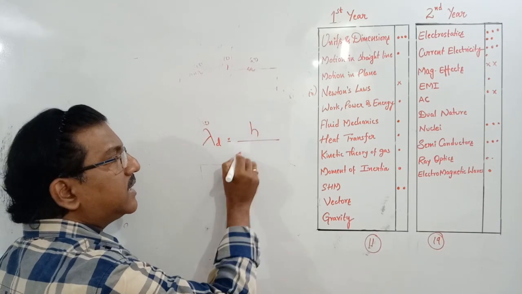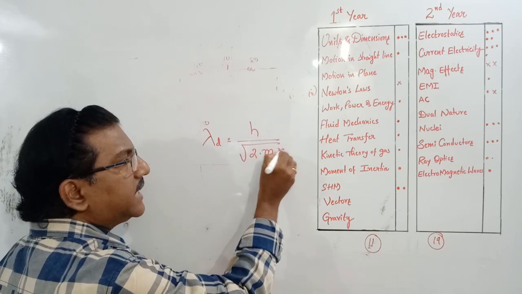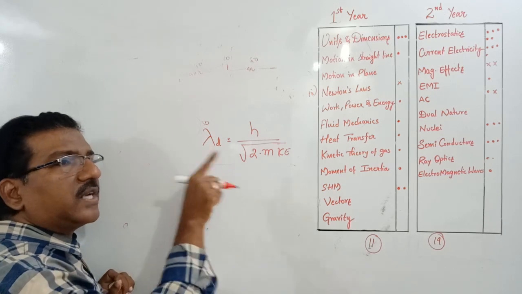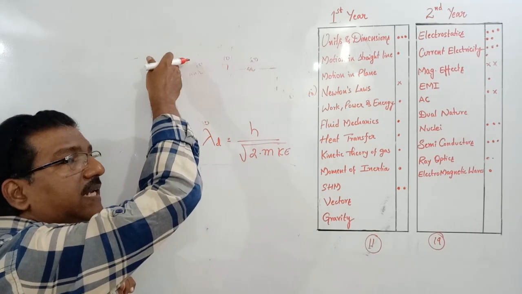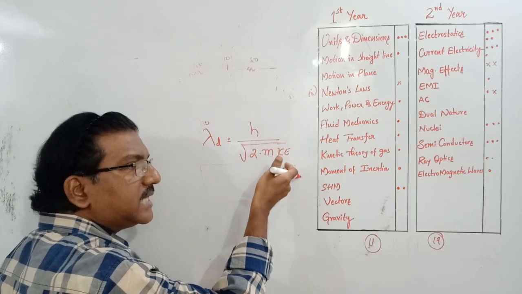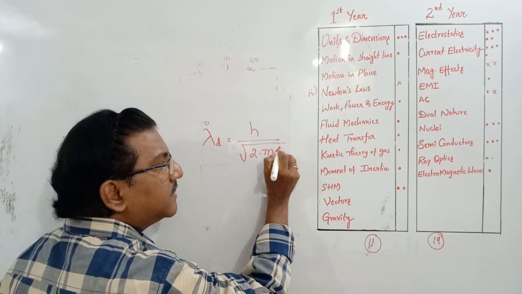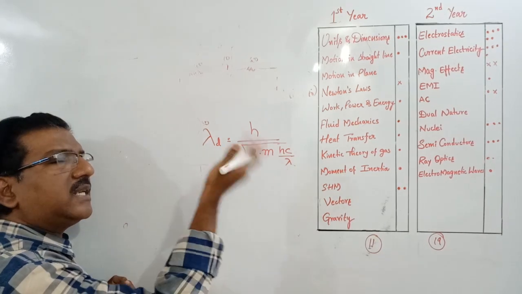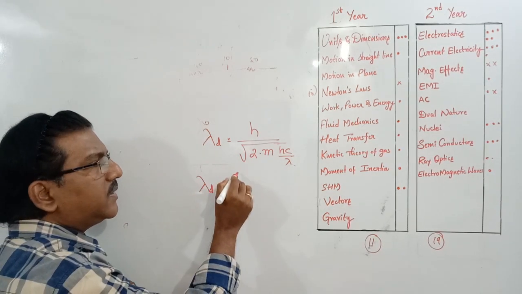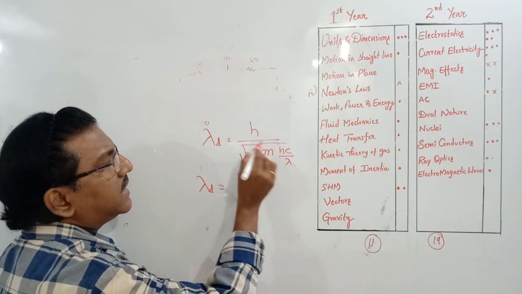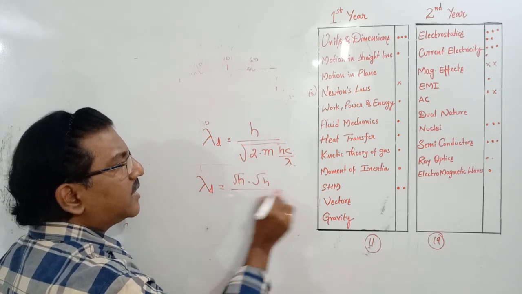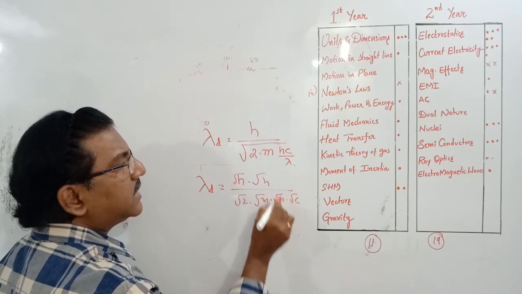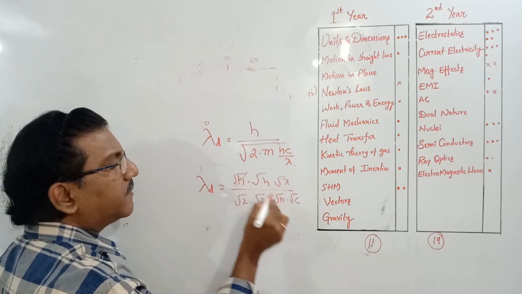Lambda is equal to h by root over 2m kinetic energy. The problem clearly gives information that the work function is 0. So whatever energy is there, that energy comes over there. What is the energy that is given? hc by lambda. Enough? This is d, this is lambda. Remaining you can do. Here it is root h into root h, whatever it may be. Root 2, root m, root h, root c, root lambda.